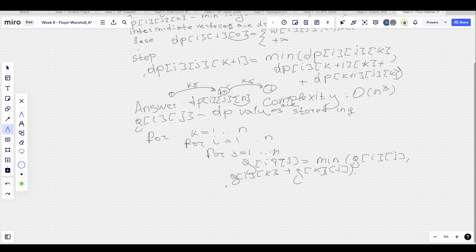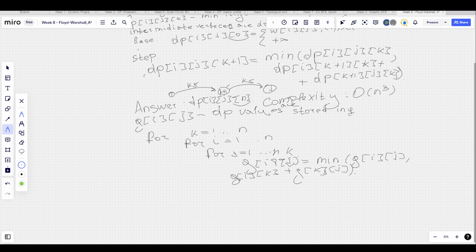We notice that in this case, g i k equals g i k plus g k k, so g k k is null.